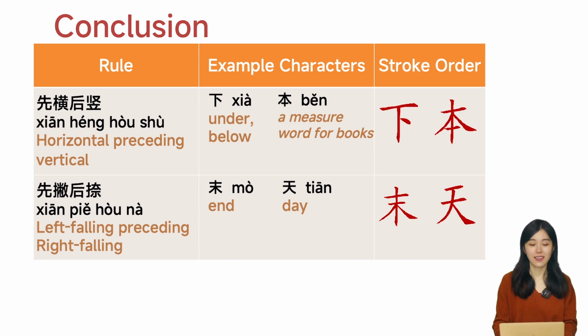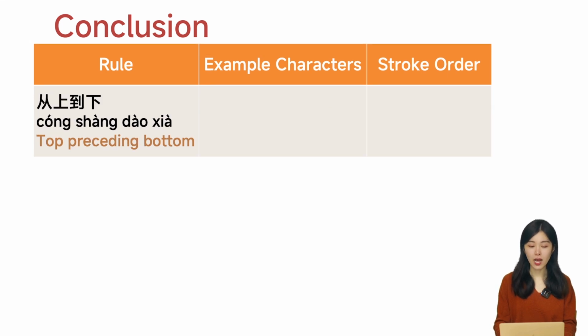Okay, great. Next rule. 从上到下, Top preceding bottom. This means we should write the character from the top to the bottom. See the example characters. 3个. See their stroke orders.